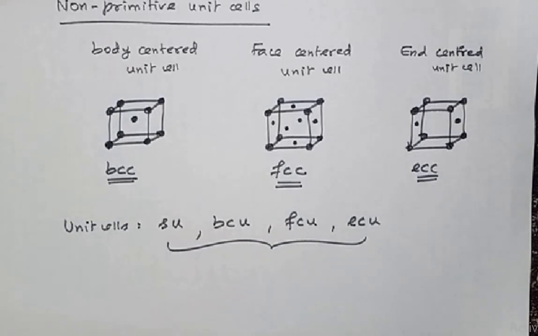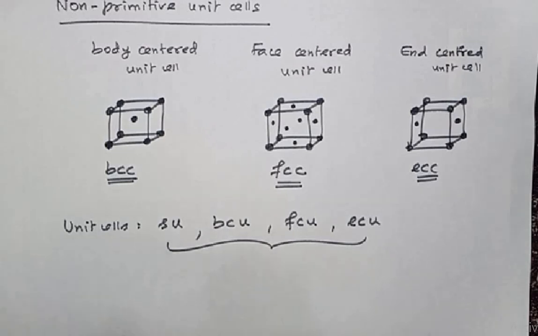Now again people started to identify how many crystals actually exist, because now apart from the simple unit cell, we also have body-centered, face-centered and so on. So crystallographers started to analyze the primitive and non-primitive unit cells that exist in crystals.